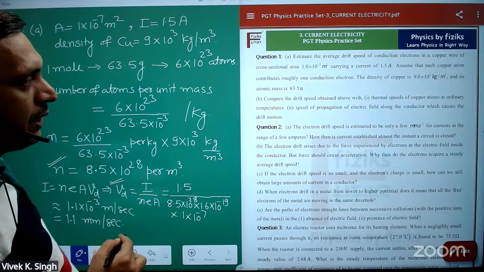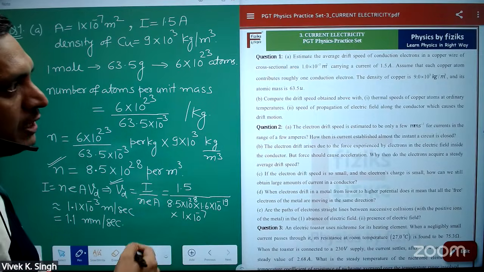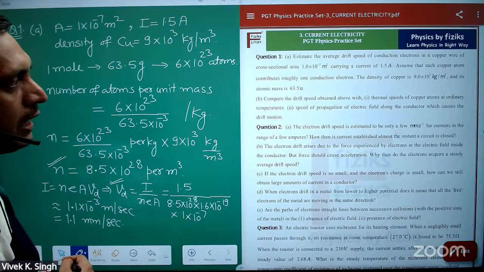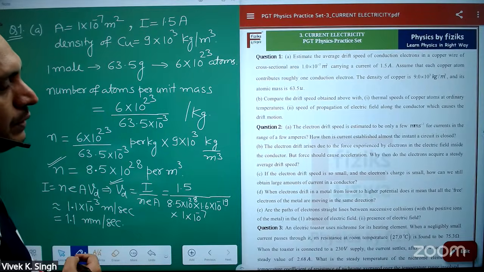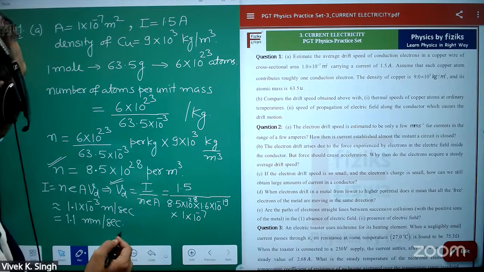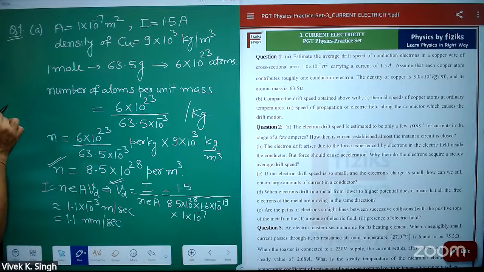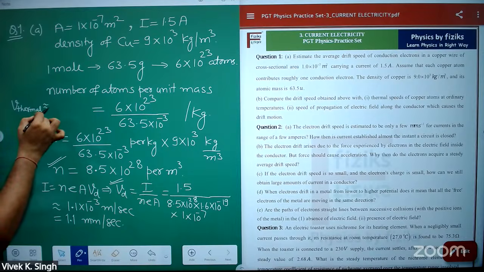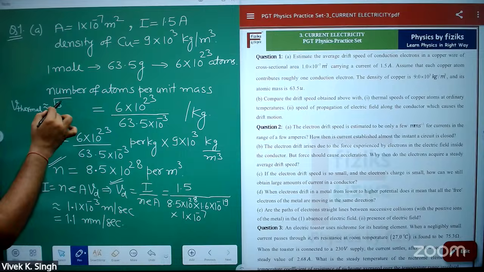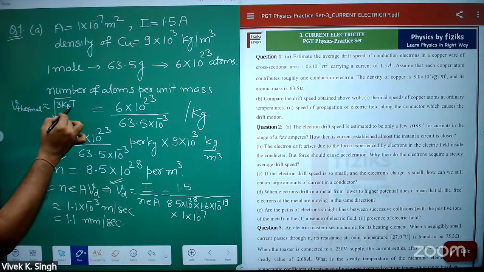And if you compare this drift speed with the thermal speed of the copper atoms at ordinary temperature, the thermal speed is approximately the square root of 3 kBT by m.